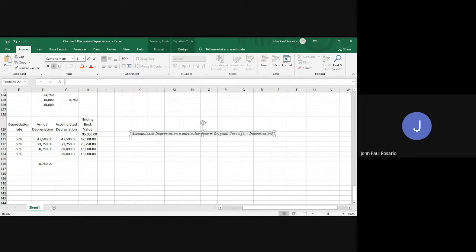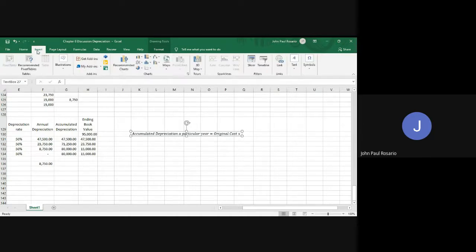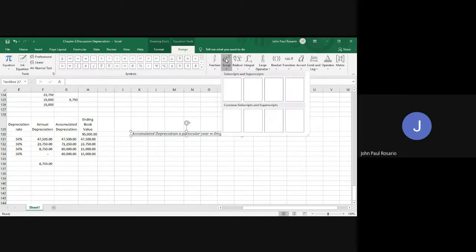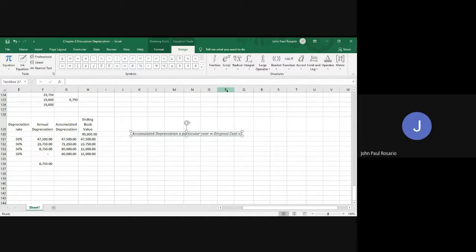So wait lang. Okay. So insert, I have to go to the design, script. Okay. One less depreciation rate raised to the power of years expired.